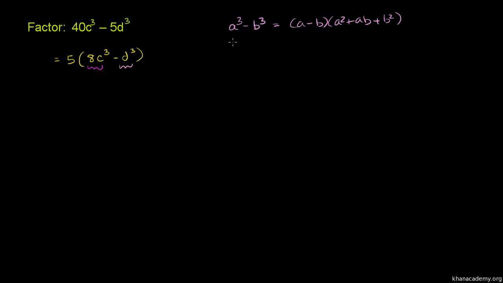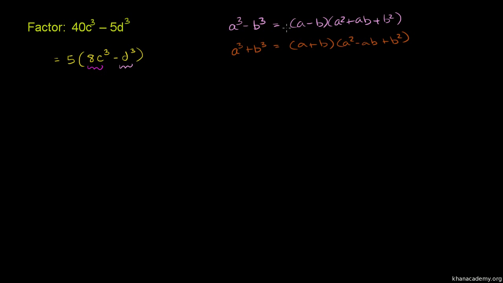And just so you don't get it confused, the other pattern we know is the sum of cubes. Let me do that in a different color. The sum of cubes is a to the third plus b to the third, and that factors out to a plus b times a squared minus ab plus b squared. So when you have a negative sign here, this is a negative, this is a positive. When you have a positive sign here, this is a positive, and that is a negative.